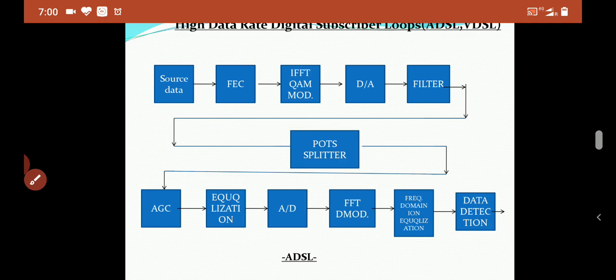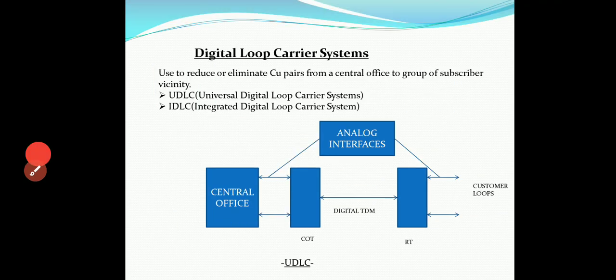So let's proceed further. Okay, now another thing is the digital loop carrier system. The role of the digital loop carrier system is to reduce or eliminate the copper pairs from a central office to a group of subscriber vicinity. Means somehow we are reducing the complexity of our system.